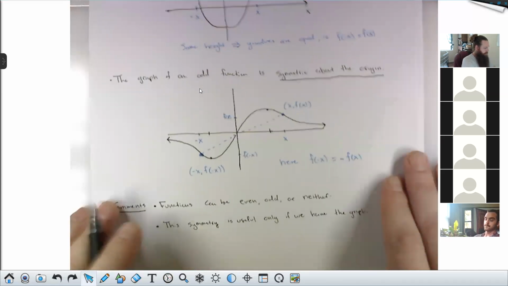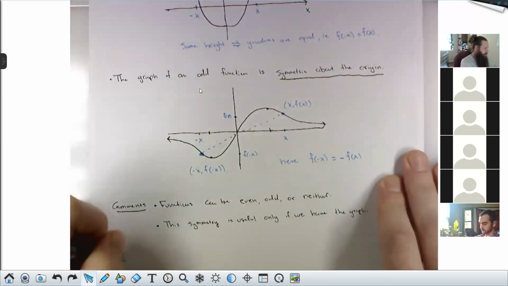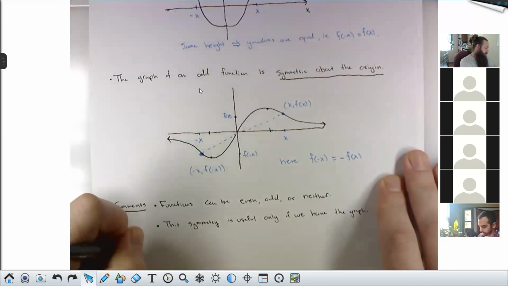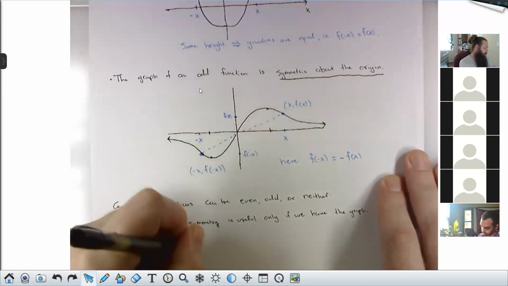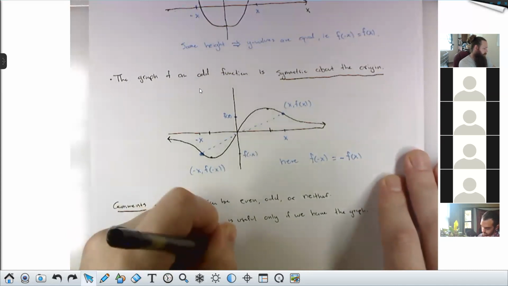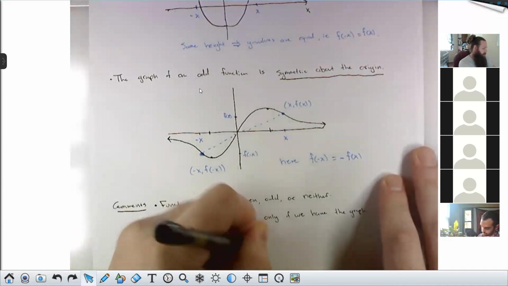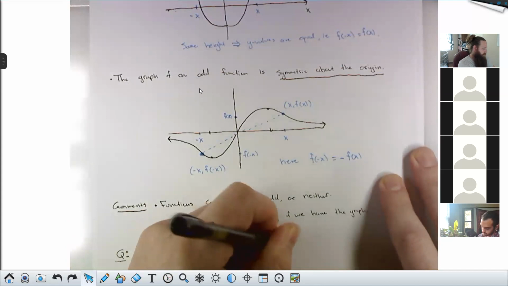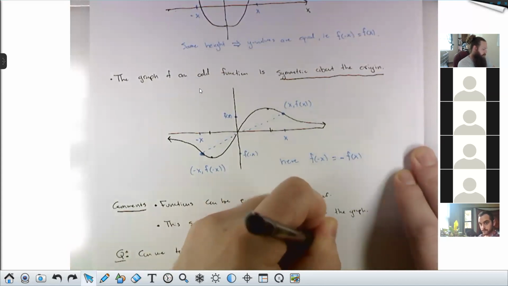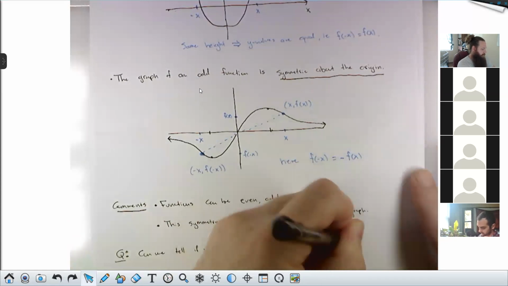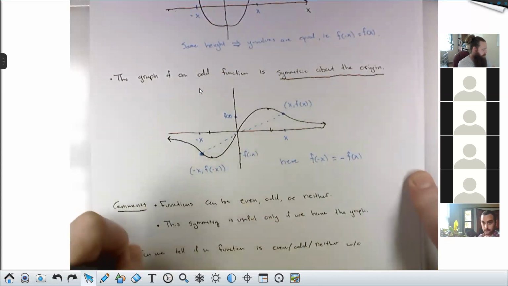So, question. Can we tell if a function is even, odd, or neither without having the graph?